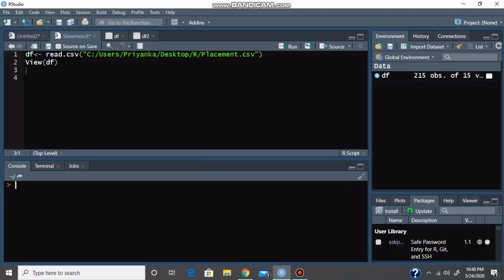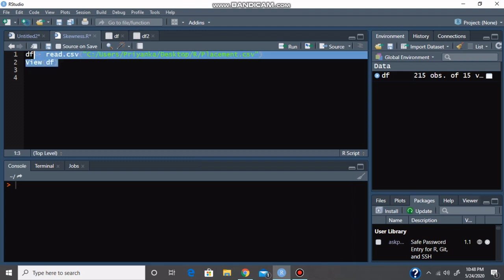We have till now seen how we import the data set, what packages we need, and how we are installing the packages. So I would not go into detail about the installation of packages or how we are reading the data set. Let's start with the implementation section.